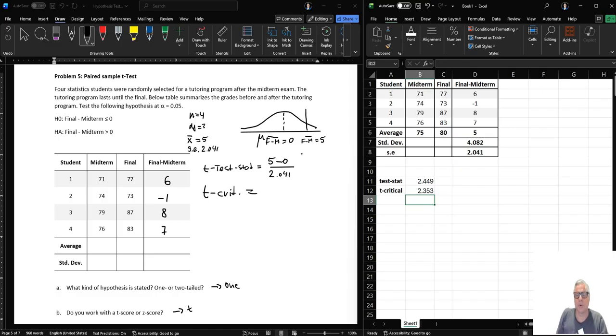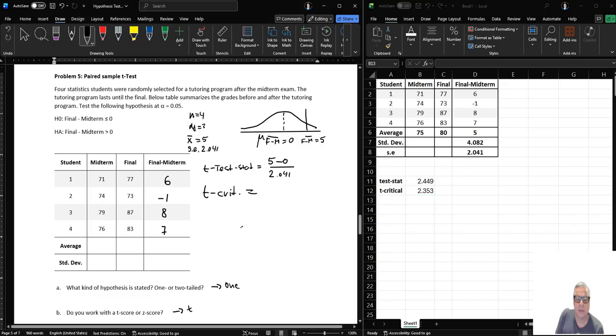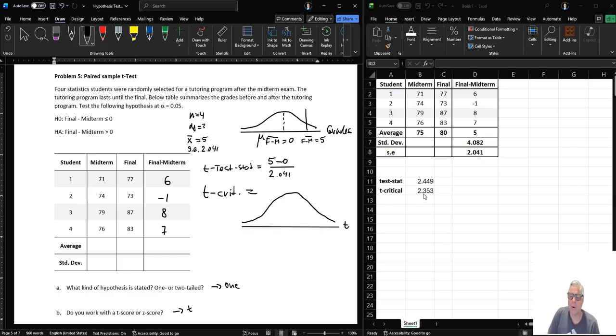Okay, so this problem translates into a T. So here we had the grades difference, and here we convert everything into a t-score. And we know that our critical T is 2.353, so maybe that's here.